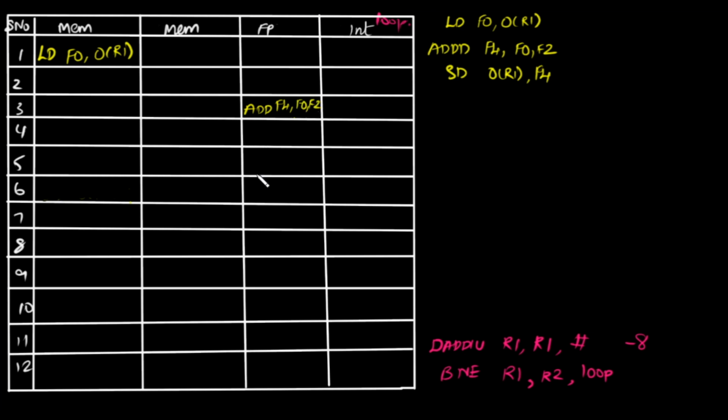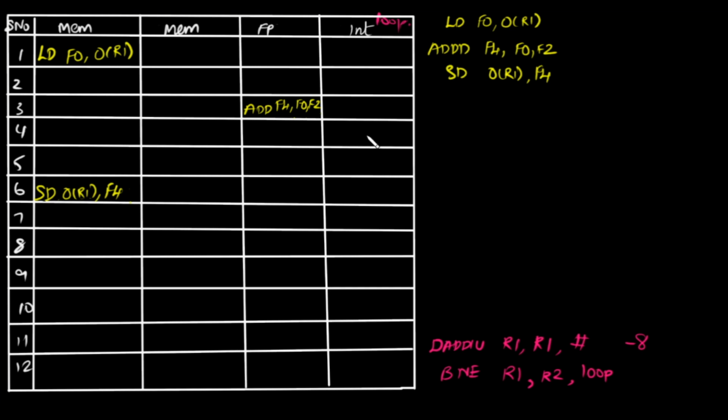Then we'll have two delays and put the store SD 0 of R1, F4. So this is the slot. Now we will see whether we can accommodate within this unrolling also, because obviously we cannot, but we'll see how many slots are not getting filled.